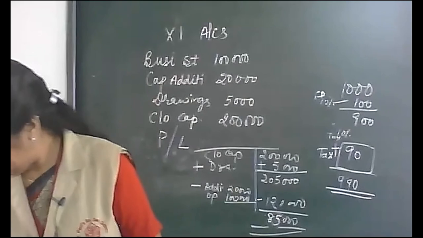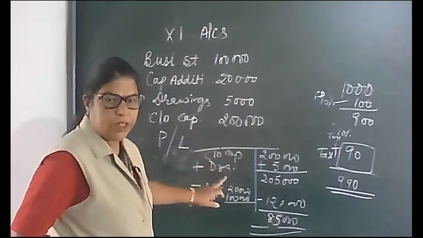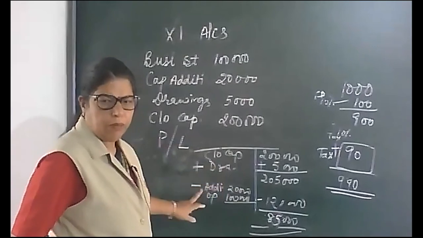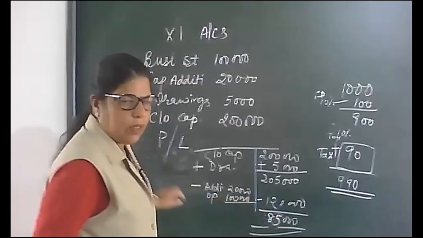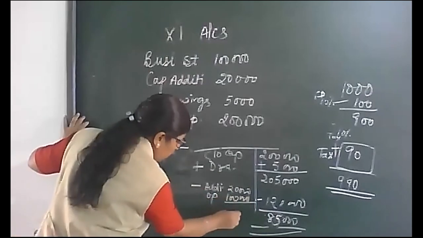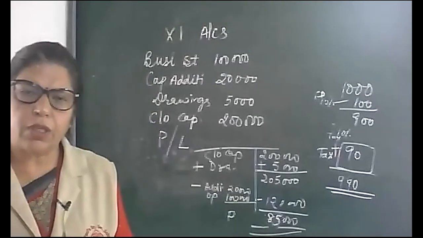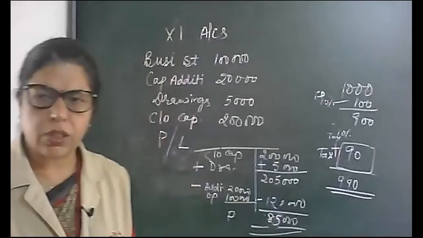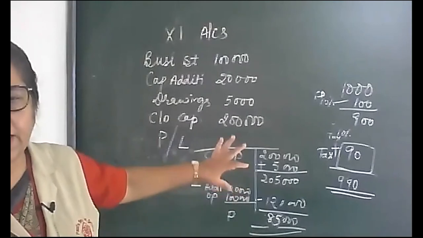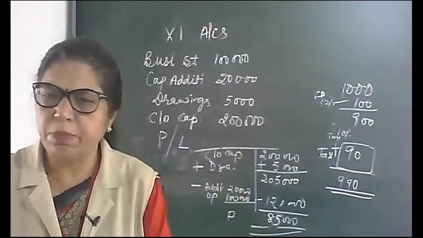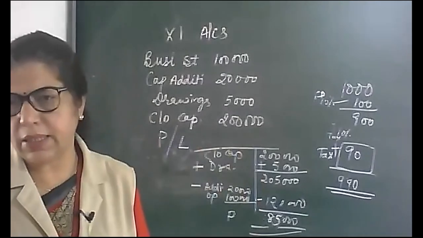You can see again what I am going to tell you: closing capital plus drawings minus opening capital and additional capital. 85,000 rupees will be treated as profit. If that answer is negative, you can say that is loss. No one will give the details in formats and in a proper systematic way. You have to come to the answer directly.